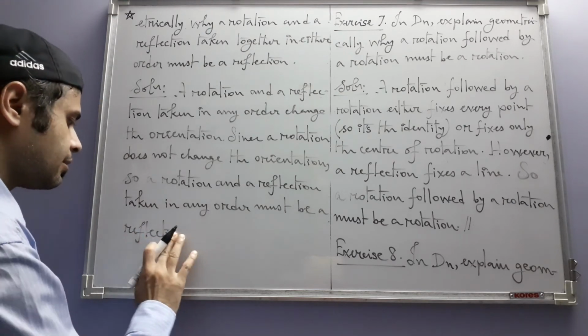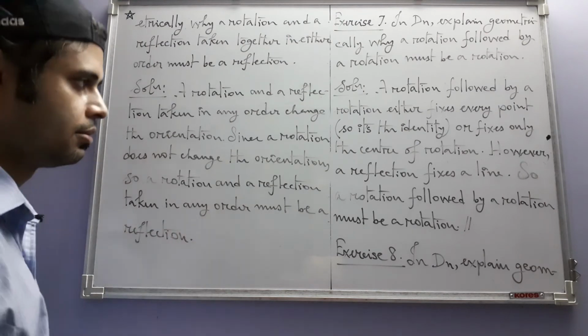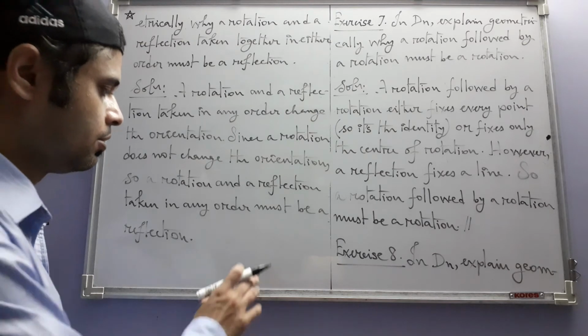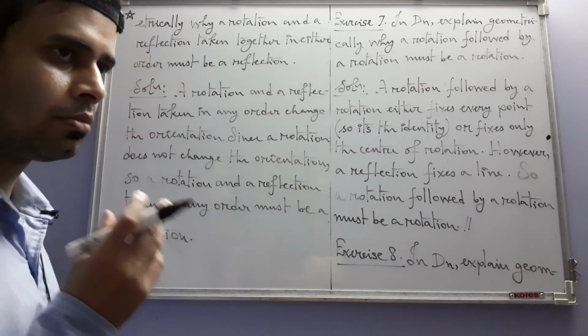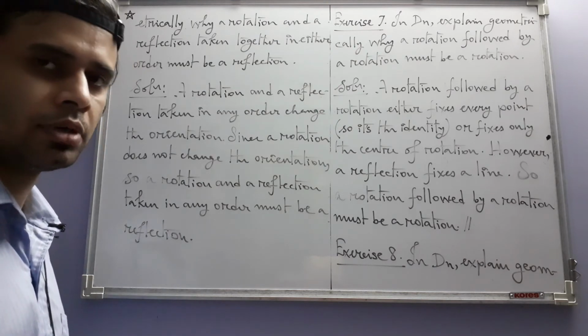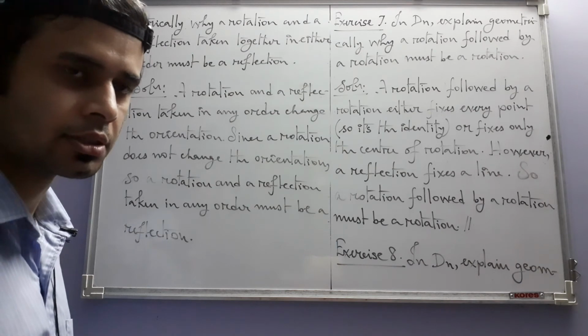So these three exercises are just trying to figure out what happens when we compose two elements in Dn, depending on whether each one of them is a reflection or a rotation.